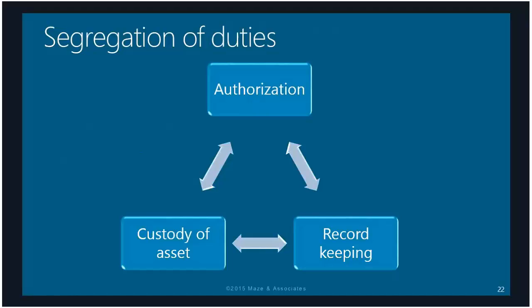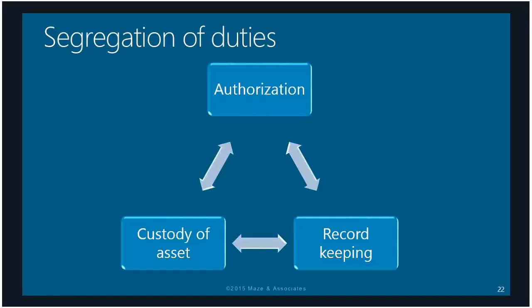Looking at the payroll process, can someone set up an employee or change a pay rate and send a check without, again, somebody detecting it? That would be somebody who has the ability to set up an employee or change pay rates, also has access to the payroll module and the payroll checks, and who also maintains the payroll register, again without a review process or with a very limited review process of the payroll register.